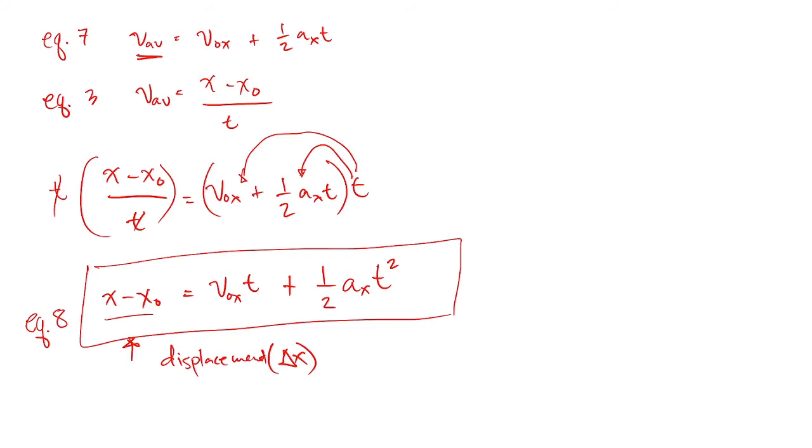And also, in this note, kapag tinranspose natin, by transpose, we added x naught, or initial position, to both sides of the equation, we can actually have our final position. So in here, using our equation 8, wherein equation 8 is our displacement, or our final position minus the initial position, that is equal to our v naught x, or initial velocity, times time, plus 1 half of the constant acceleration times time square.